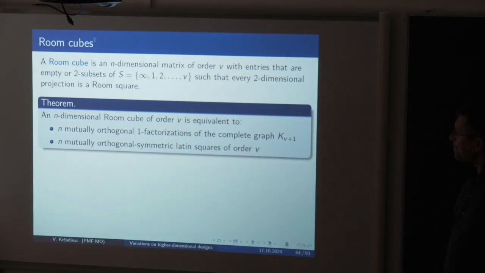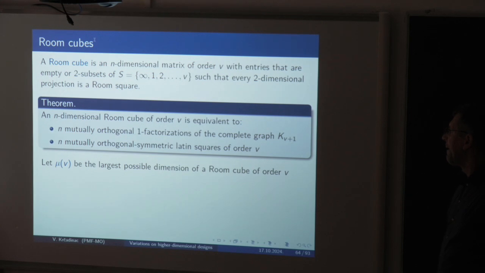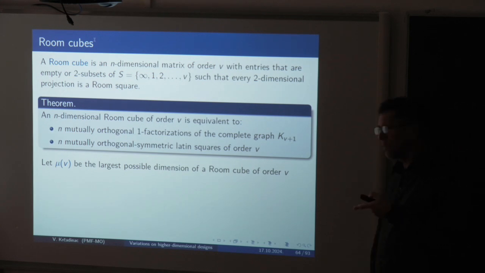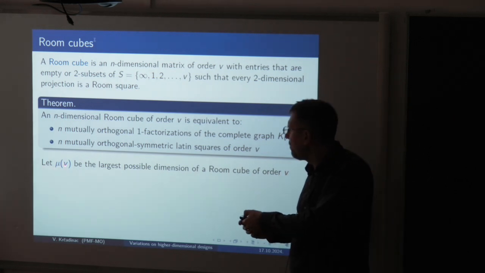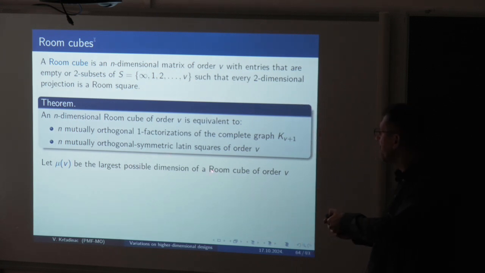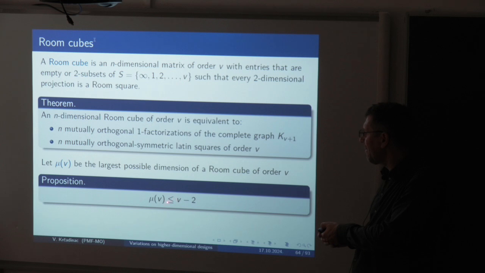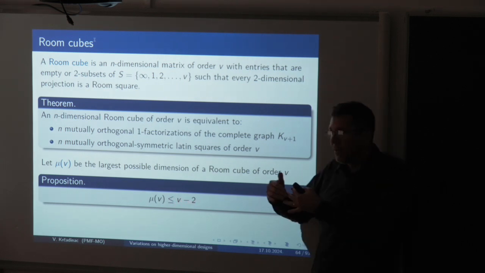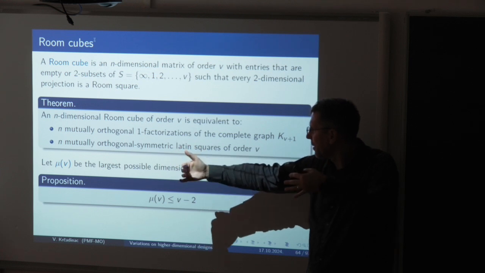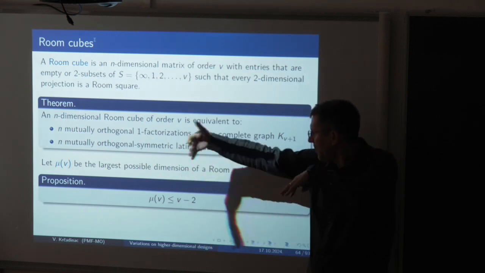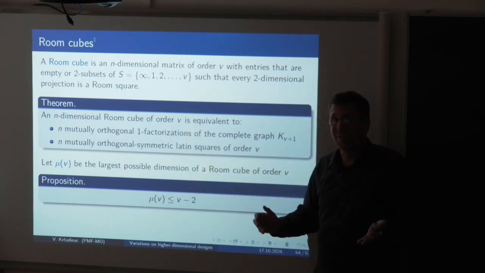And now there's a weird thing. The dimension for these room cubes is actually bounded by the order. Let mu of v be the largest possible dimension of a room cube of order v. Then it's known that mu of v is less or equal v minus 2. So the dimension cannot be bigger than the order of this cube.